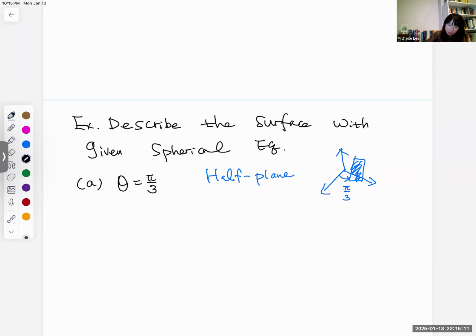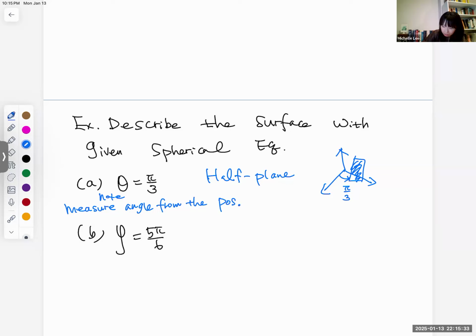Okay. Second one, we have phi equal to pi over 6. So phi we measure from the angle. Let me write down. Note: theta measures the angle from the positive x-axis.